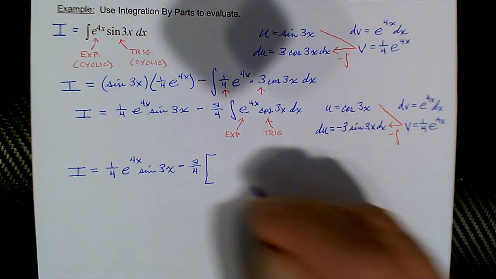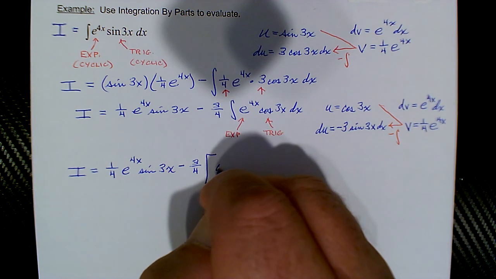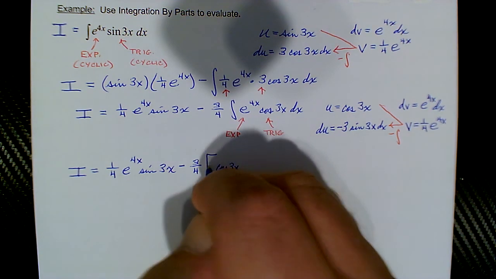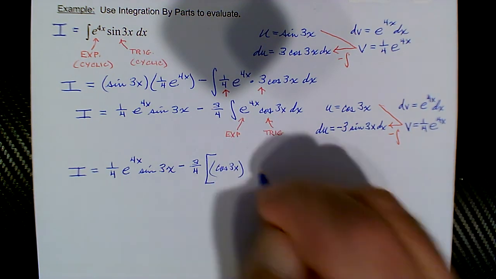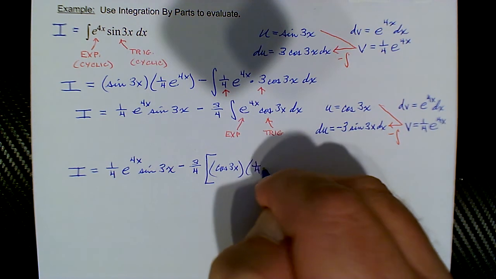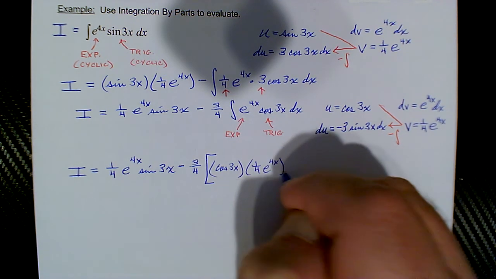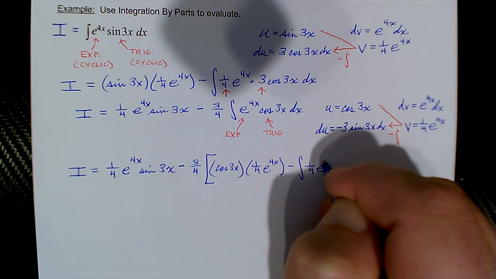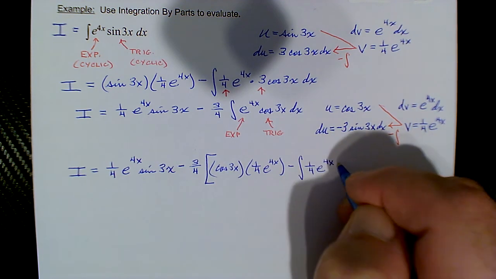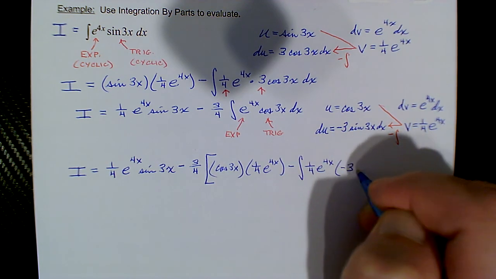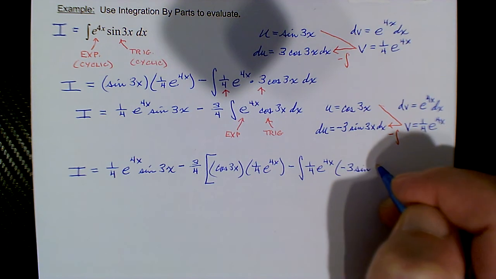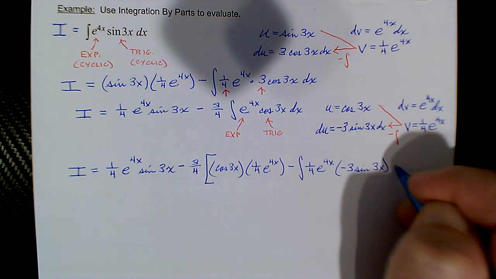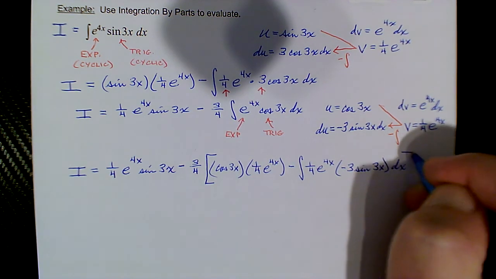So now we have that the integral I is 1/4 e to the 4x sine of 3x. So again, just recopy that. But this negative 3/4 needs to be distributed. Multiplied by this one, we've got 3/16, and I prefer that to 4x, 3x.